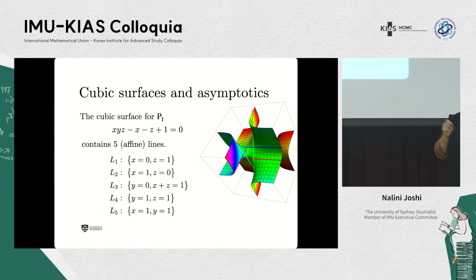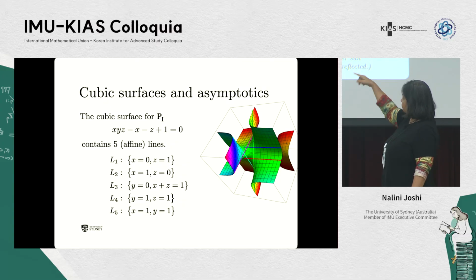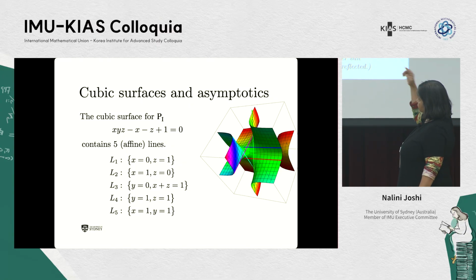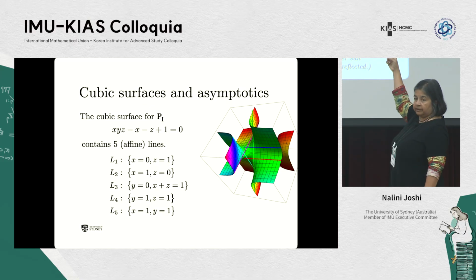But each time you look at one of those lines, they correspond to a special solution of the Painlevé equation. So for example, if I chose L4, they all intersect. That's why I've drawn this pentagonal diagram to show the intersections between them. If I take the case L4, that corresponds to a certain asymptotic behavior of Painlevé 1, which is called a truncated solution.